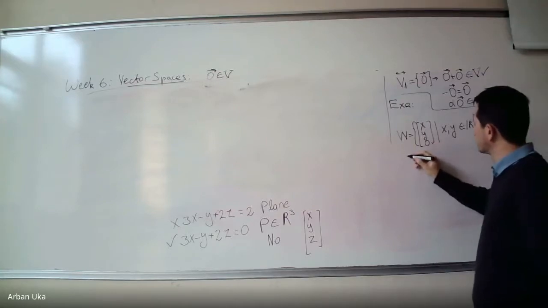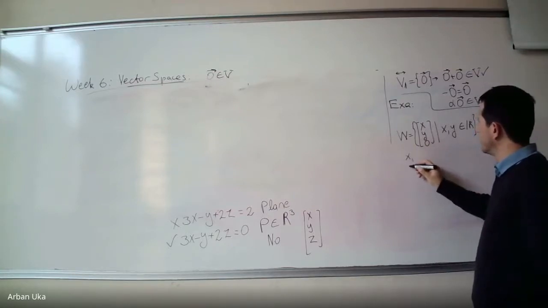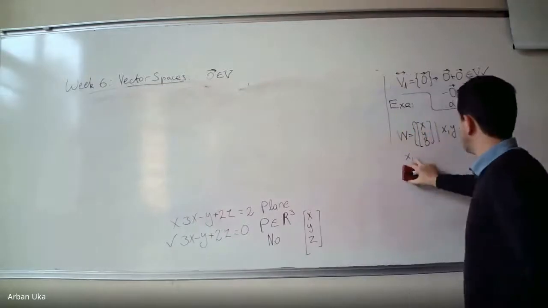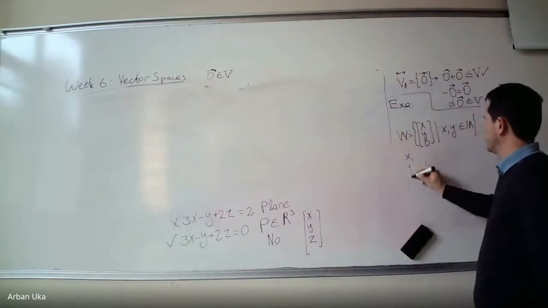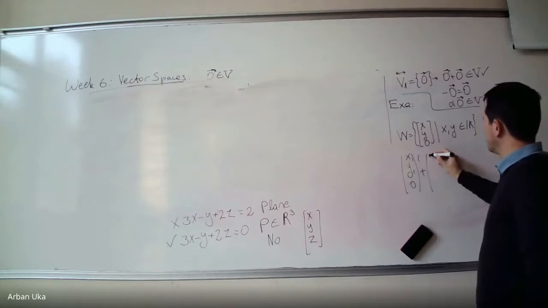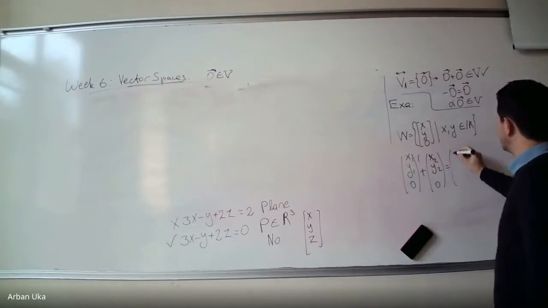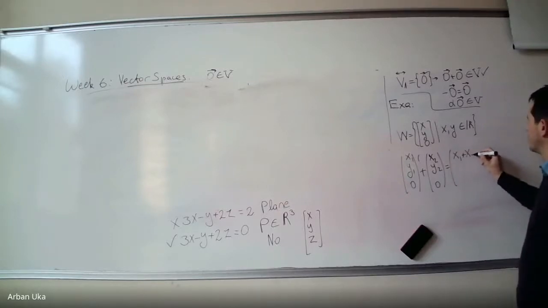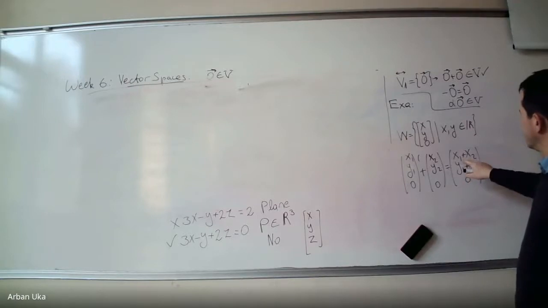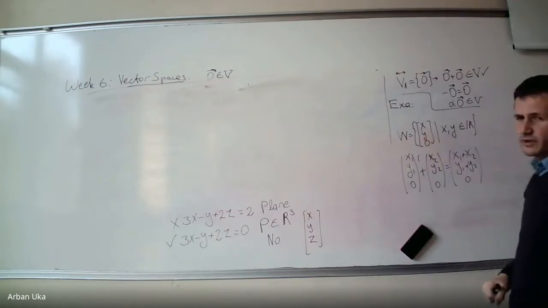So what is the first condition? If we have two vectors, x1, y1, 0, and we add x2, y2, 0, what do we get? x1 plus x2, y1 plus y2, and 0. Is this a vector which belongs to vector space W?